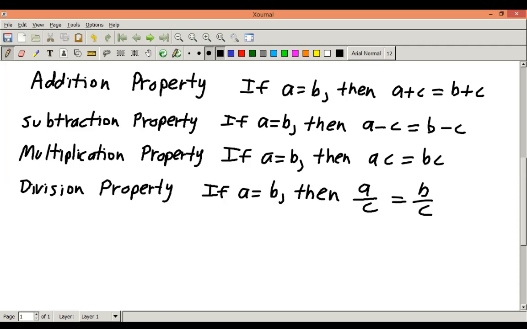We have now probably the easiest property we have, and that's called the reflexive property. The reflexive property just says any number is equal to itself. A is equal to A.